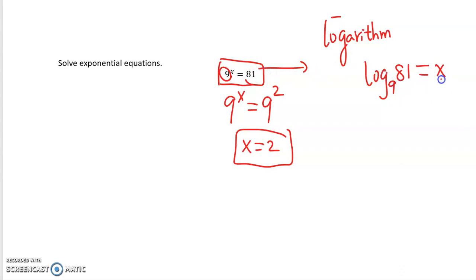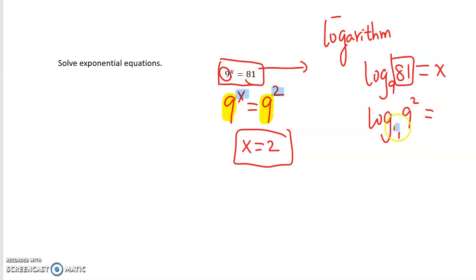When we look for x here, we do exactly the same thing as before. We keep the log and the base 9, and we rewrite 81 as 9 squared. If we have the matching base 9 and 9, that tells us the exponents x and 2 must be equal.